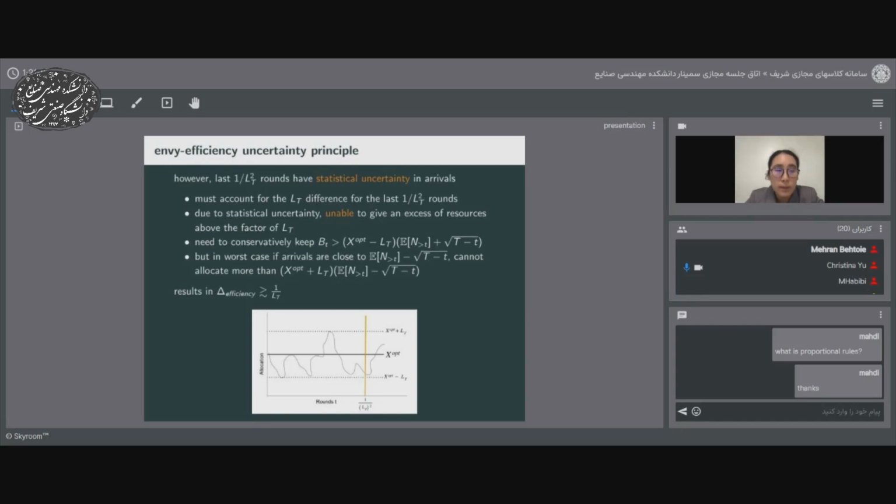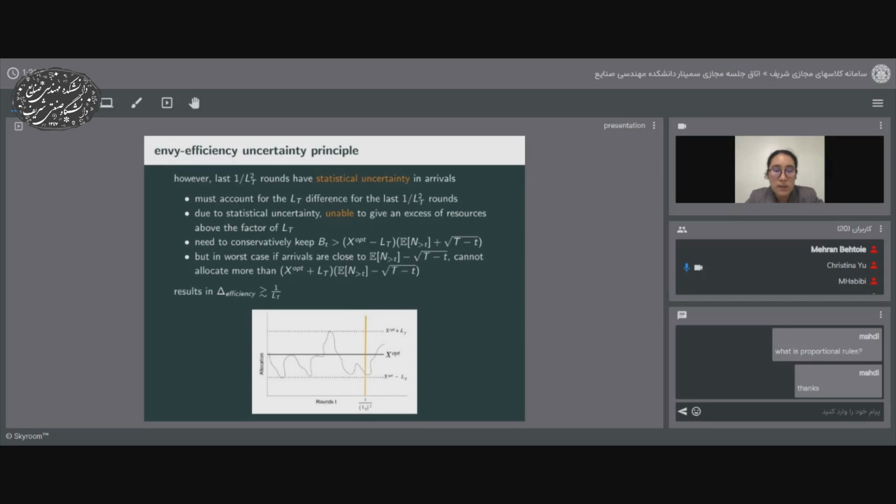So it's the minimum that I allocate to each person times the kind of upper confidence of how many people might arrive. So there's a reasonable probability that the number of people that arrive is more than roughly square root t minus the remaining time plus the expected amount. And so that kind of forces my budget to not be too small.